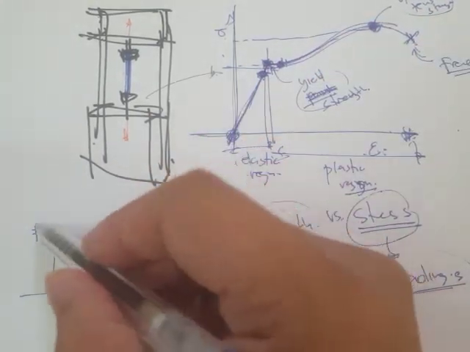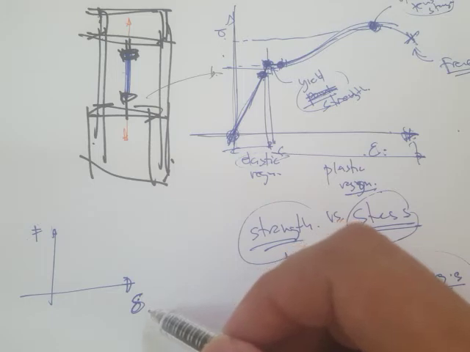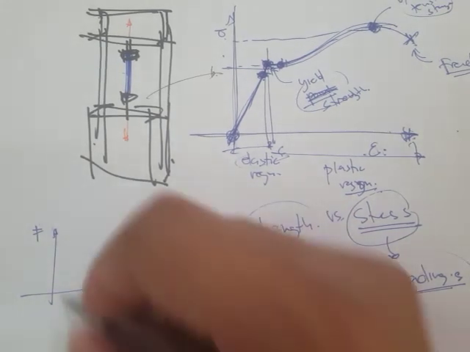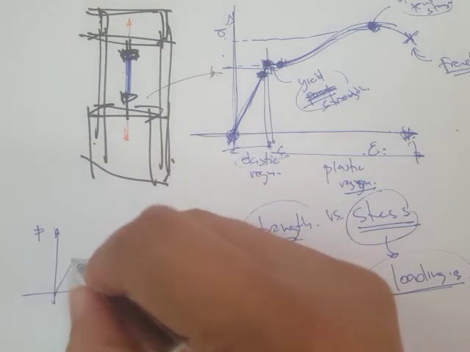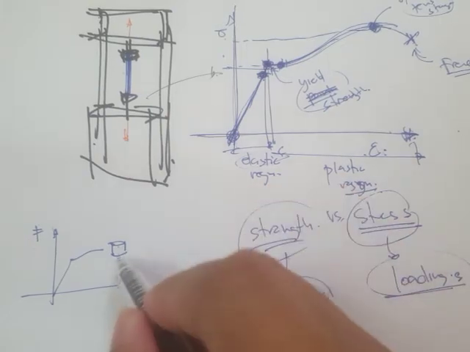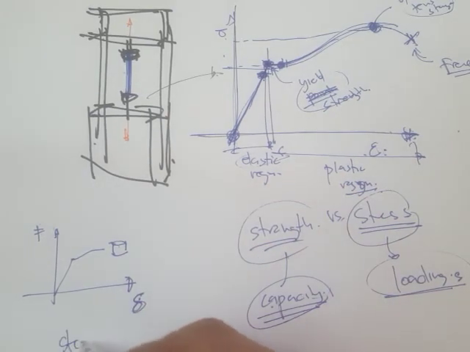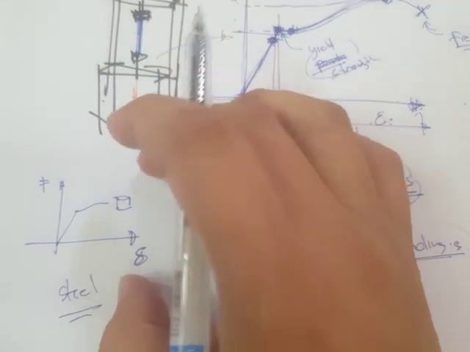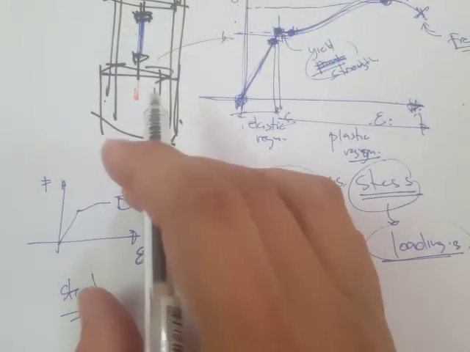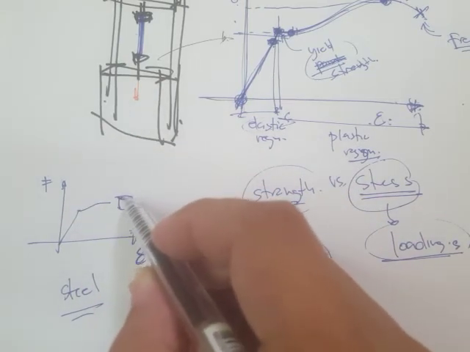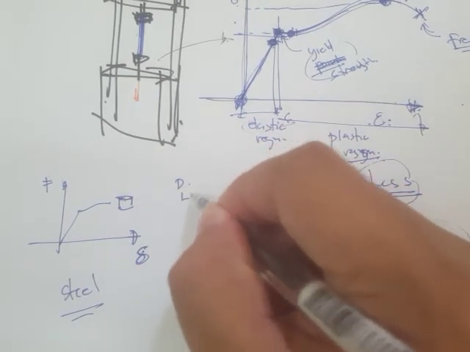Now, the problem with this force and deformation diagram is that, for example, if I have this geometry, and let's say we have steel as the material for our test specimen. Now, if I change the geometry, we have this diameter and we have this length, right?